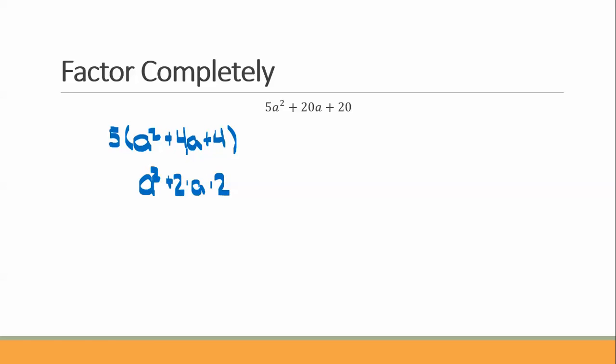I'm always looking to take half of this number, plus, and then it turns out that 4 is 2 squared. So now when we look at the formula, the big A is going to be little a, and the big B is going to be 2. So this factors. Let's make sure we keep this 5 on the outside. This factors into 5 times a plus 2 squared.